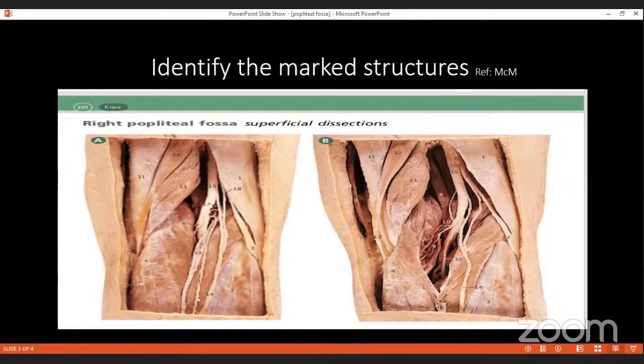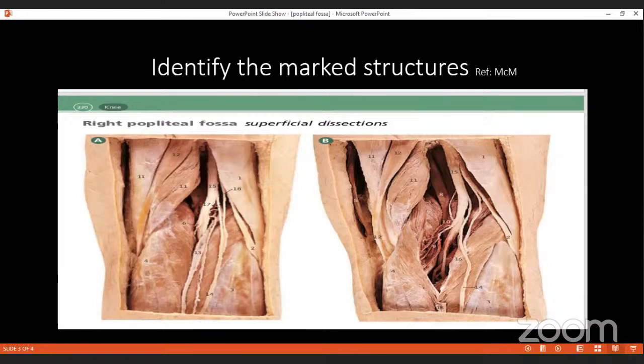If there is a swelling at the back of the knee, what differential diagnoses can you think of? This can be a sebaceous cyst, a popliteal artery aneurysm, a neuroma or fibroma, a fibrosarcoma, or a tumor of the tibia or of the femur.